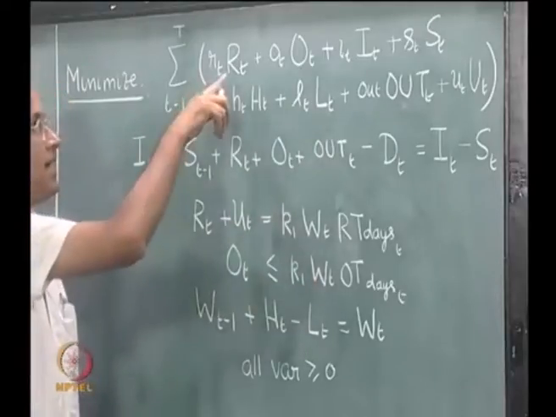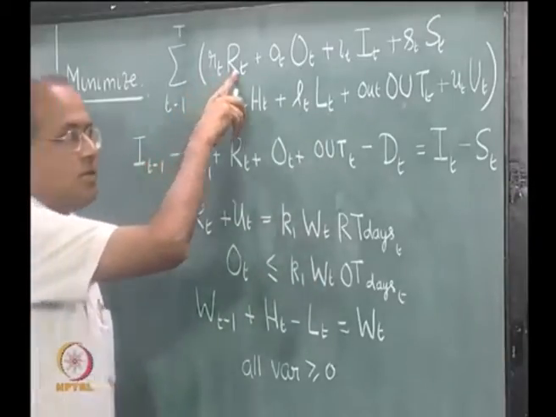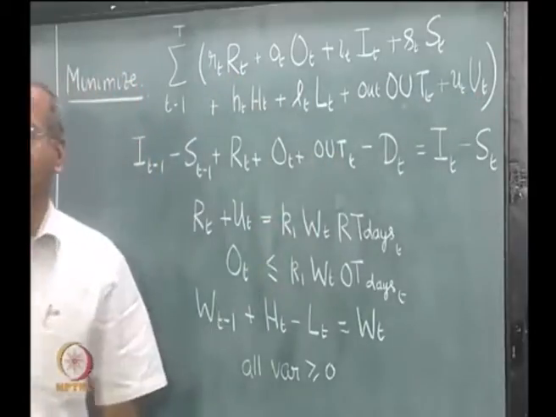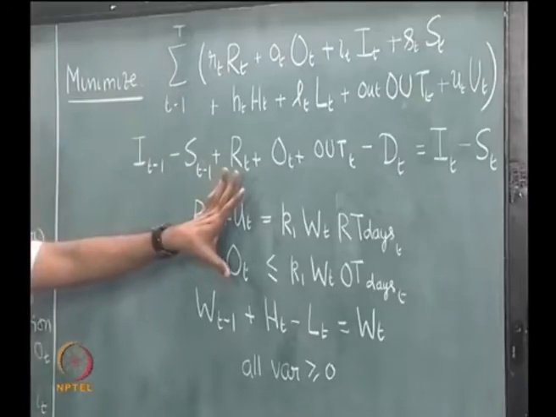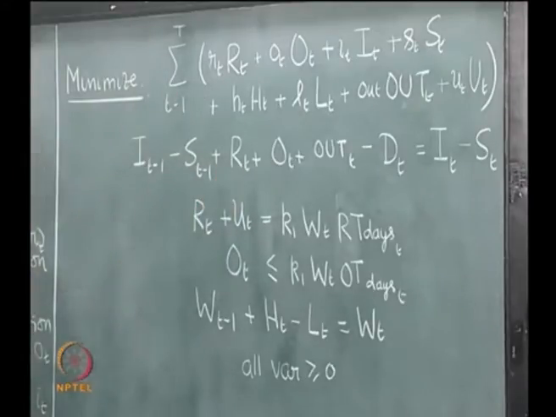And the moment we made the decision for RT, we also made the decision for UT, which is the underutilization. So, this is exactly the formulation for the problem that we had there.